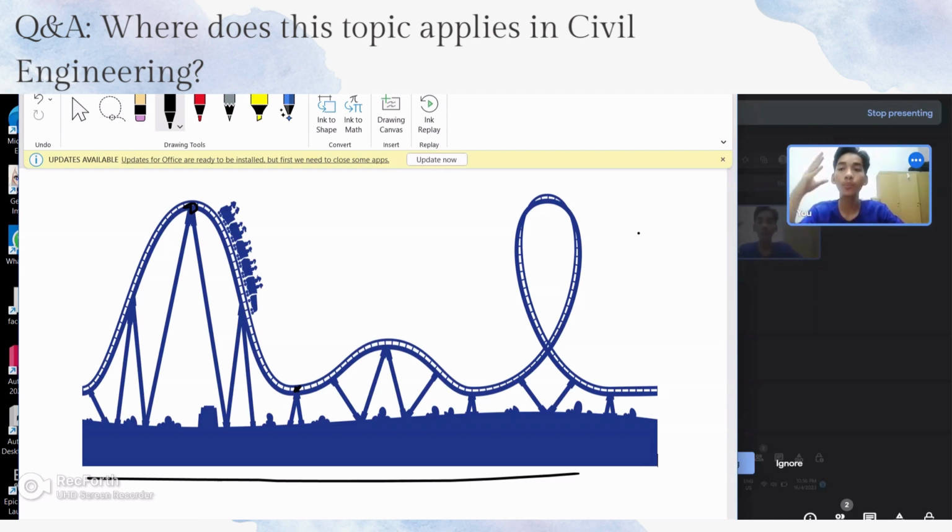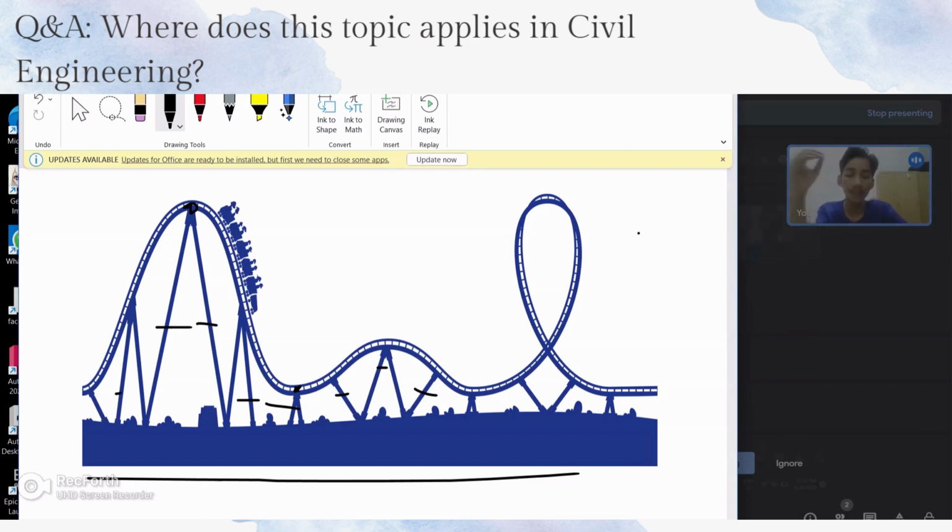So I think this is to guarantee the safety of the user. Every bar on the roller coaster track has its own function to stabilize the roller coaster track here.